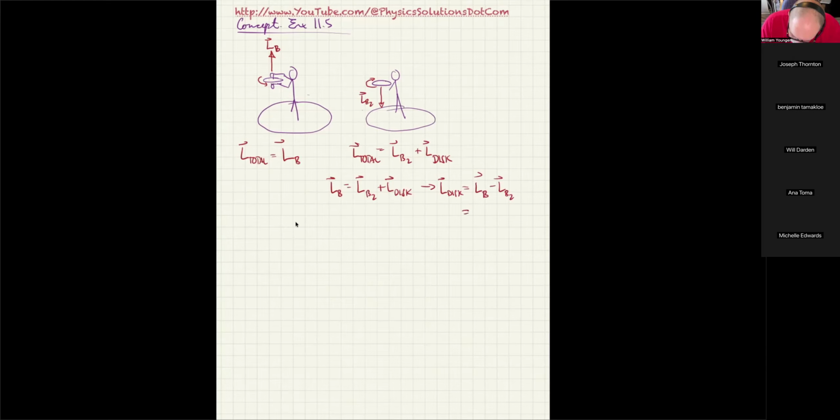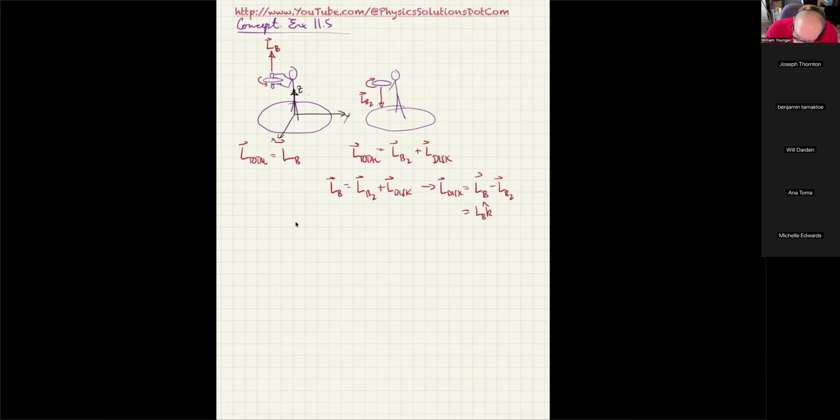If we choose to make a coordinate system like this, we might say that the z-axis is that way, the x-axis this way, and the y-axis that way. So with that in mind, we could say LB is in fact equal to LB k hat.